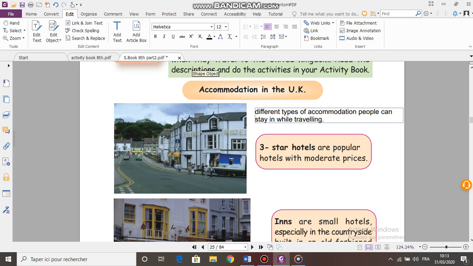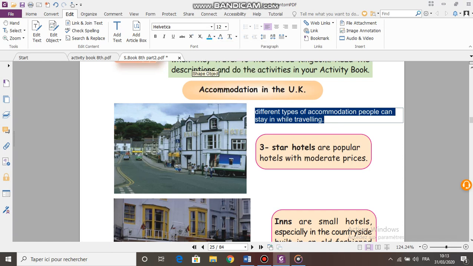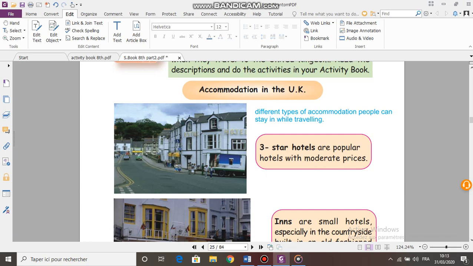Different types of accommodation. People can stay while traveling. Nice. Please, you take notes all the time.